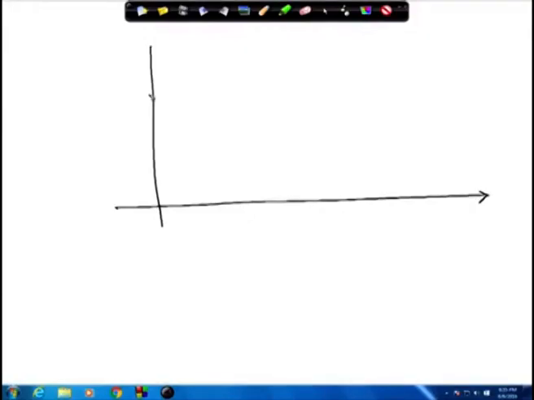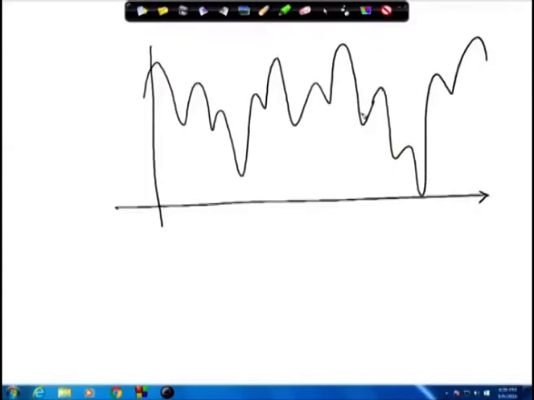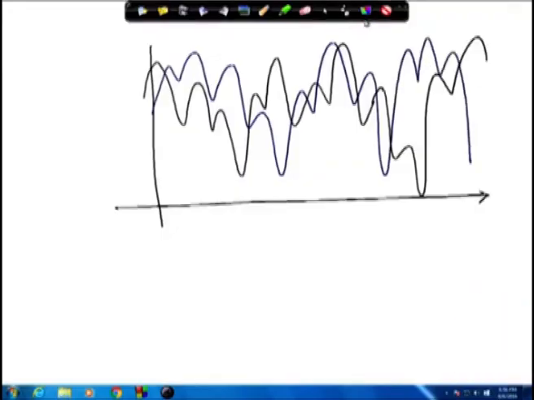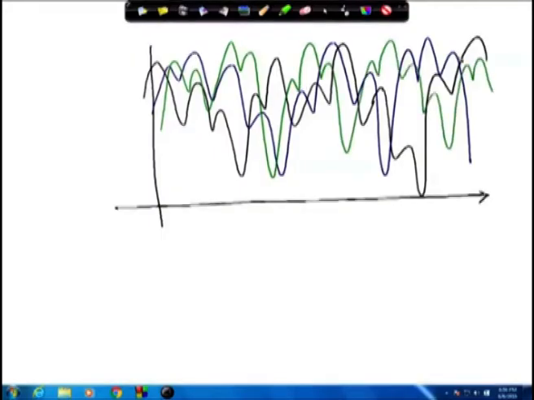So suppose we have one of the branches, and let this be the signal to noise ratio of one of the branches, and the second branch would have a signal to noise ratio which is like this. The third branch may be following this particular one.